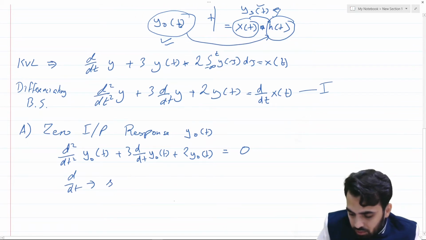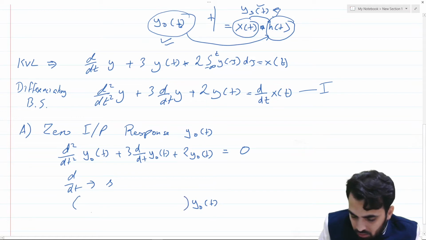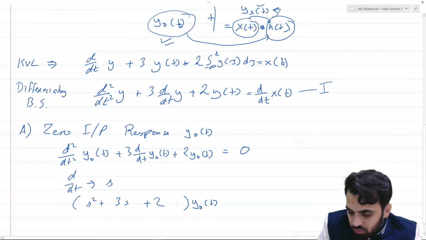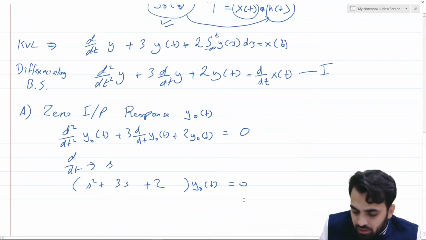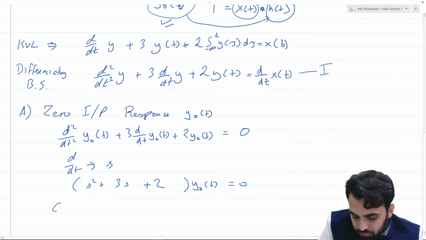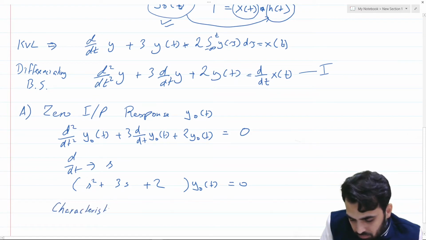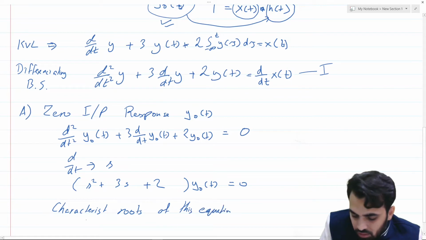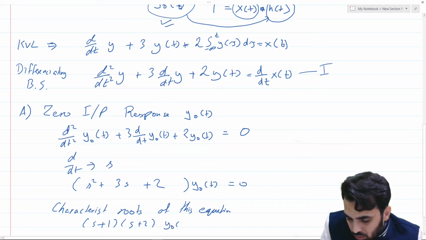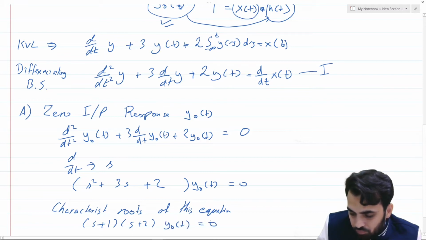So we would have (s^2 + 3s + 2) y0(t) equal to 0. And the characteristic roots of this equation are simply (s+1)(s+2) y0(t) equal to 0.